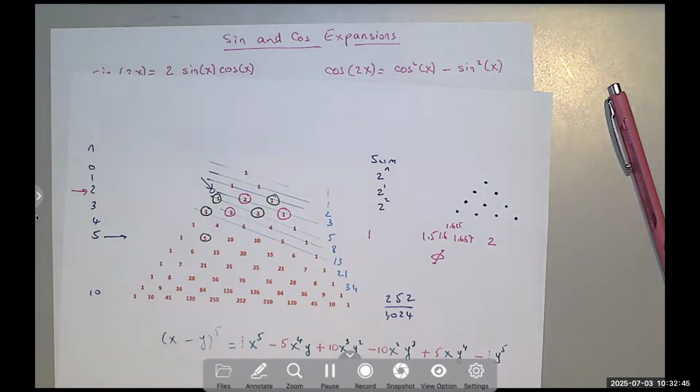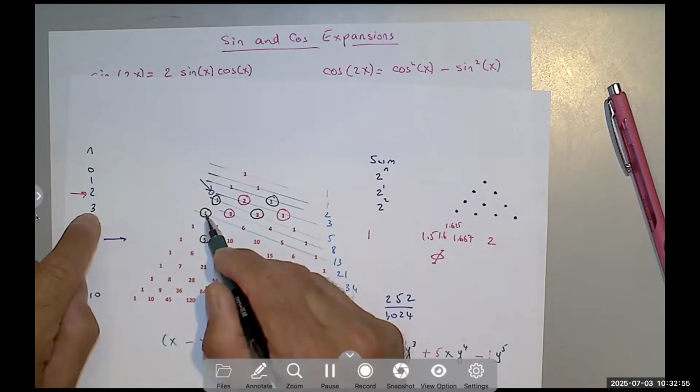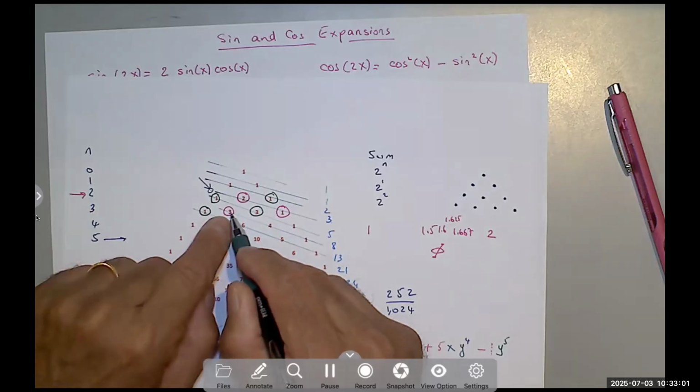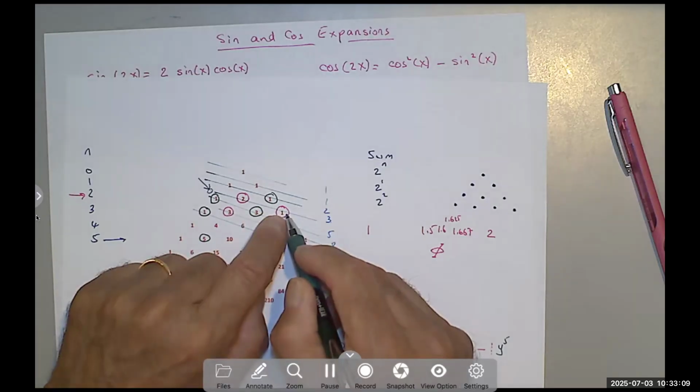Remember when we said head and tail in binomial distribution? Here it's very, very similar. This is cosine cube of x. This one would be cosine square sine x. This is cosine x sine square x, and this is sine cube x.